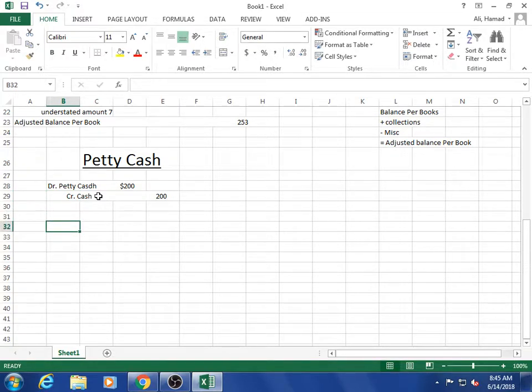So now the question becomes, what's the difference between these two cashes? Petty cash is a debit because that's just the money that you have on hand, sitting there before you spend. You credit the cash because this cash is the cash of the business, the main cash account.